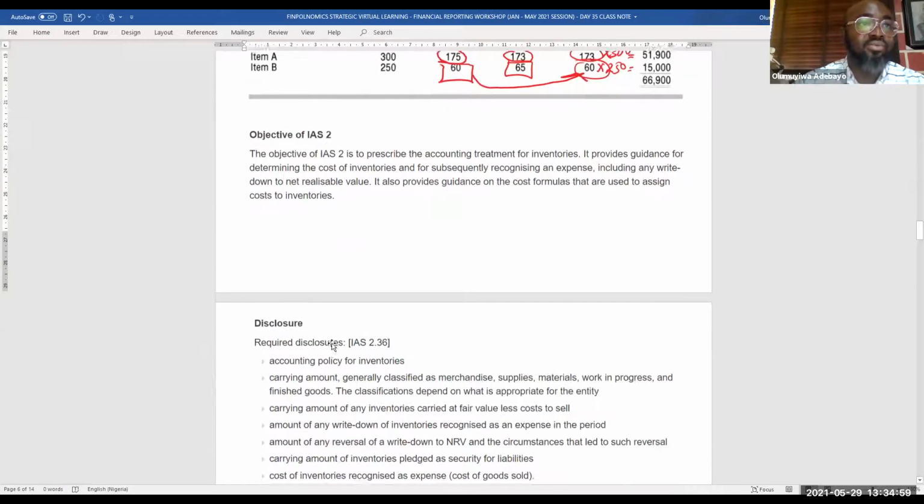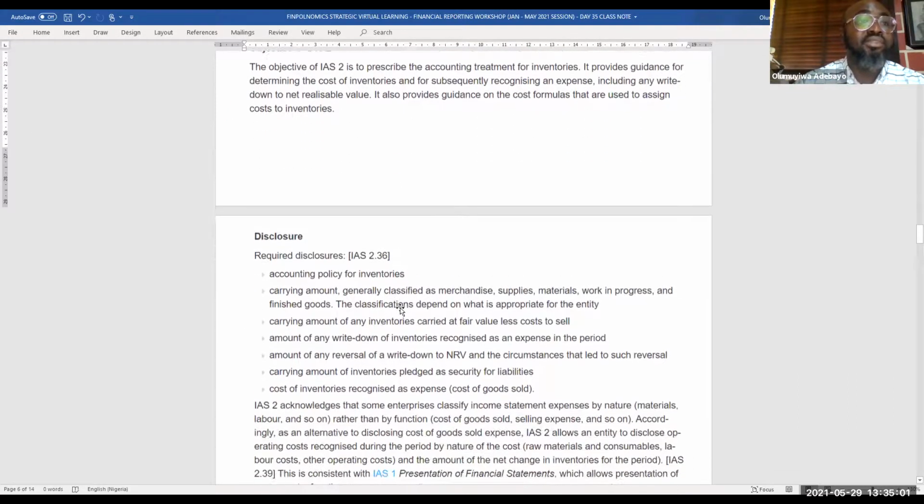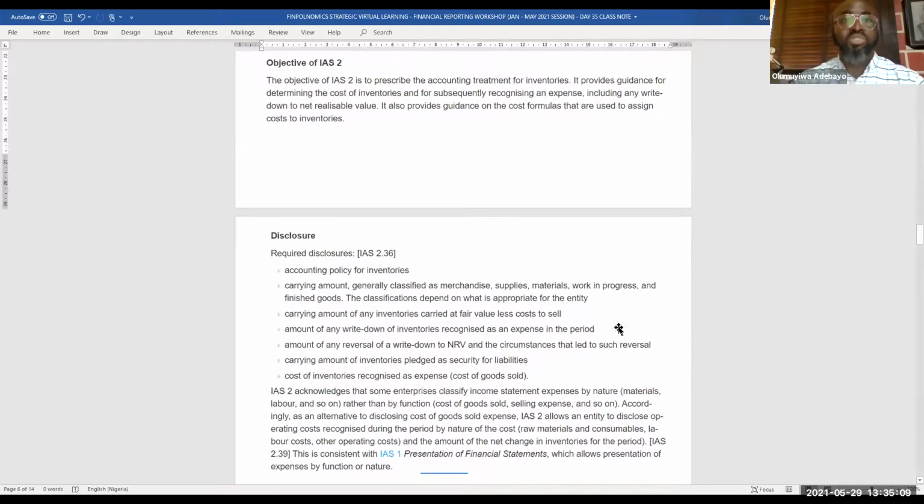Okay, now we'll close it up with this. We reiterate the objective of this standard once again, and we'll close up with the disclosure requirement. Who can reiterate the objective of IAS 2 again?